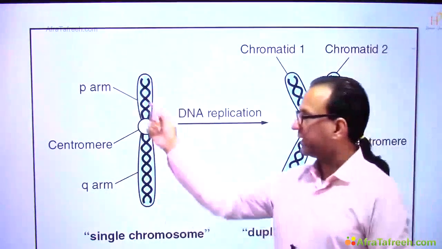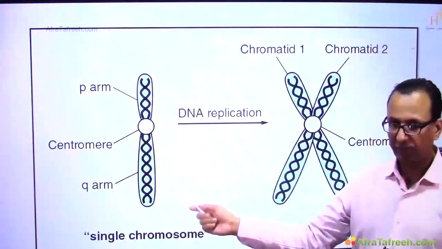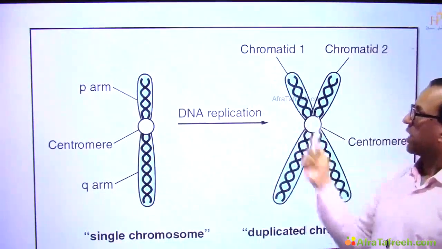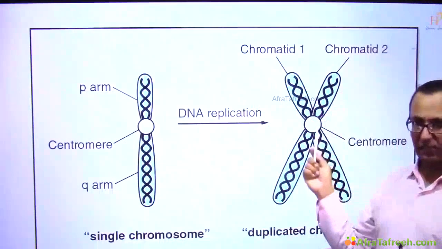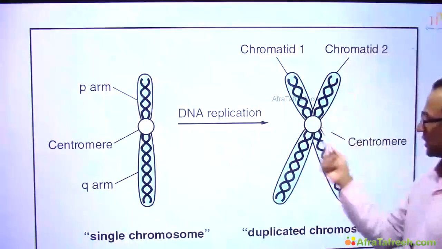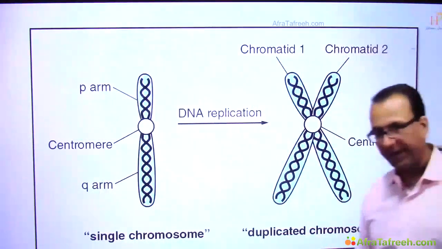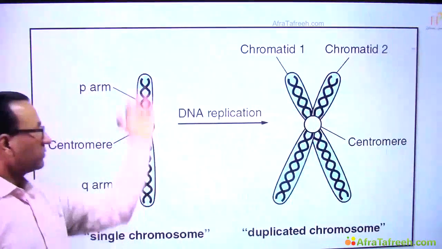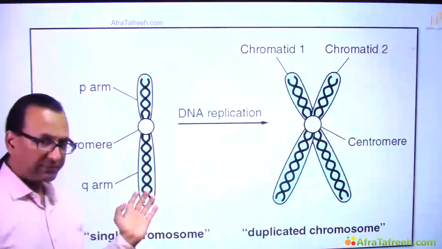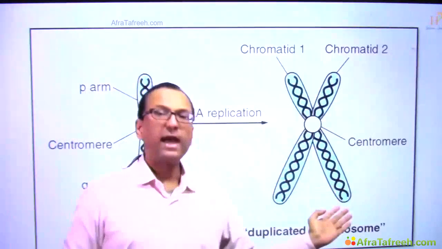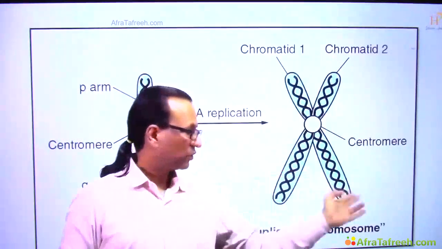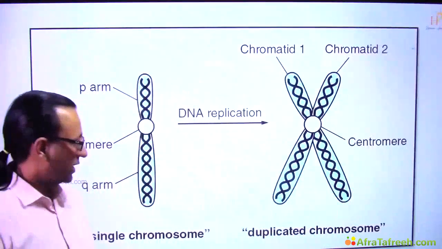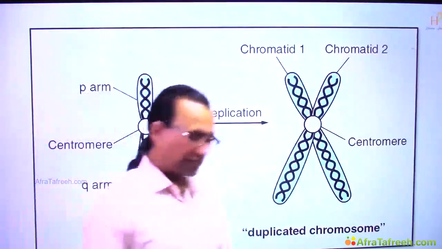When a chromosome is going to enter cell division, it will first double the DNA, and you will see now we have sister chromatids. These are called sister chromatids or duplicated chromosomes. If this is n amount of DNA, then it will be 2n amount of DNA. So just keep this in mind, and we can proceed further by drawing a diagram ourselves as well.